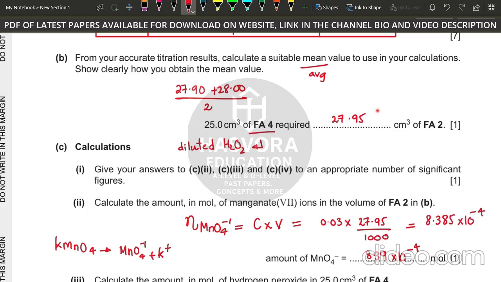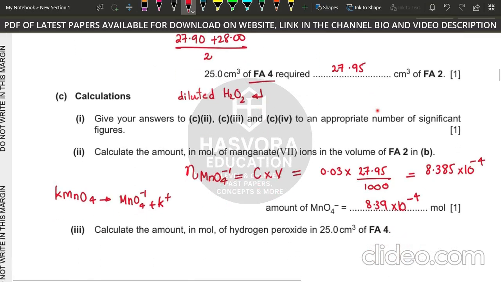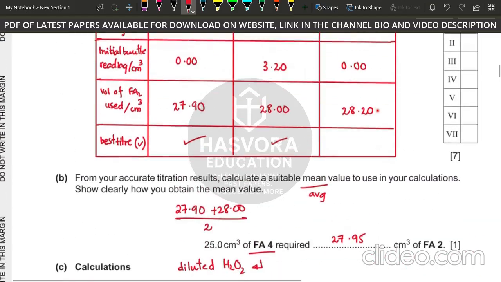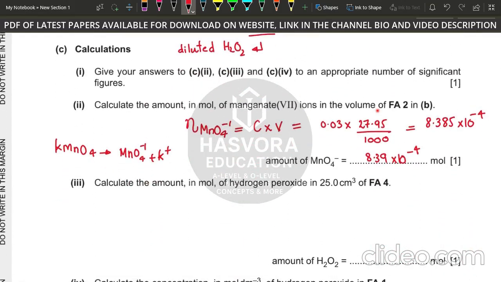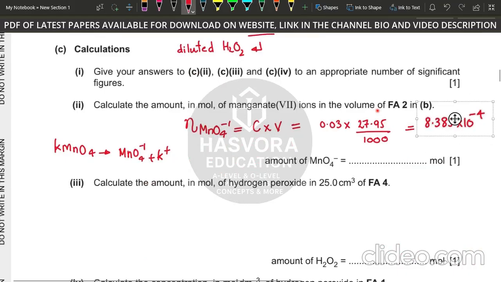Okay, or you can also write it as 8.385 because we have also taken the values of the mean or any other values to 4 significant figures. Okay, so you can just write it to 4 significant figures. So it will be 8.385 into 10 power minus 4 moles of MnO4.